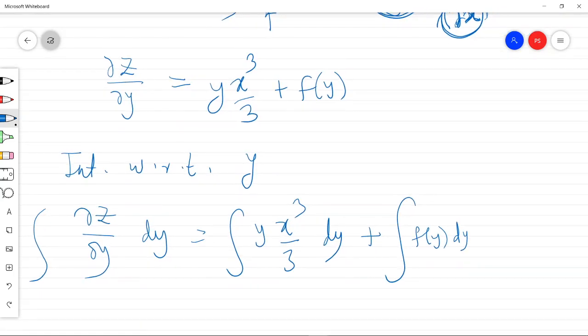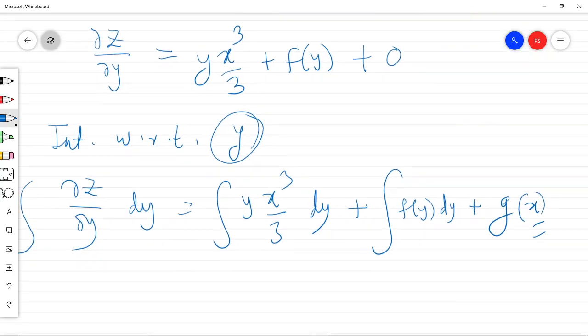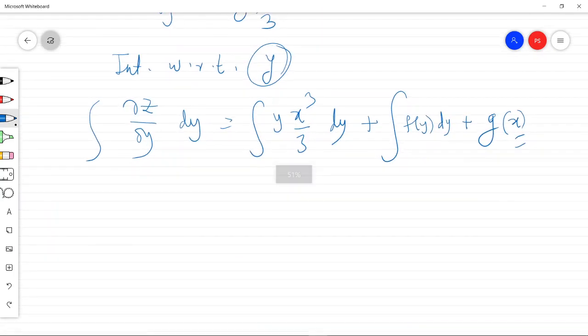Now note that again we have a 0 here, so that 0 should be replaced by some other function g of x, because we are integrating with respect to y. That is the standard rule. Now this just gives us z equal to x cubed by 3, which is now a constant because integration is with respect to y.